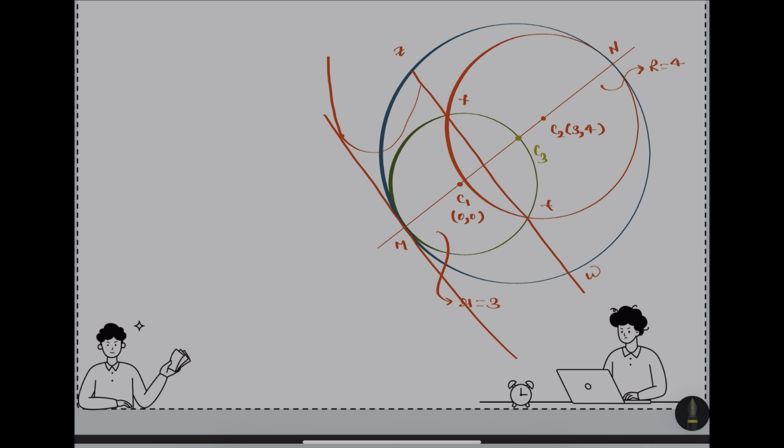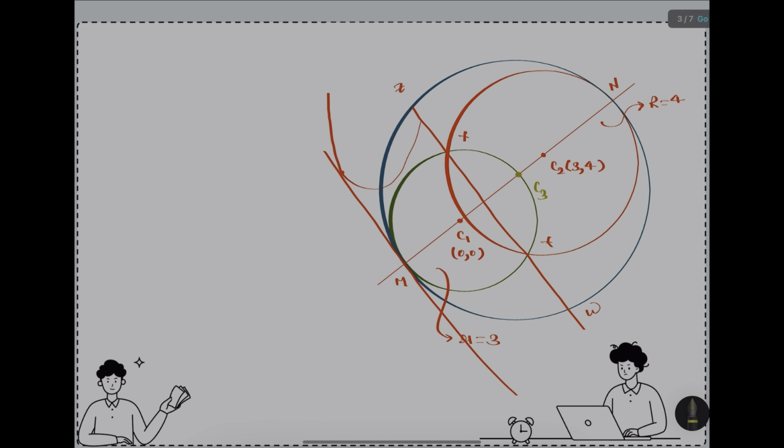I'll go with XY first. Length of XY. So I'll take help of smaller circle. Look at this. This will be the radius of smaller circle, and this would be the perpendicular distance of the line from the origin.